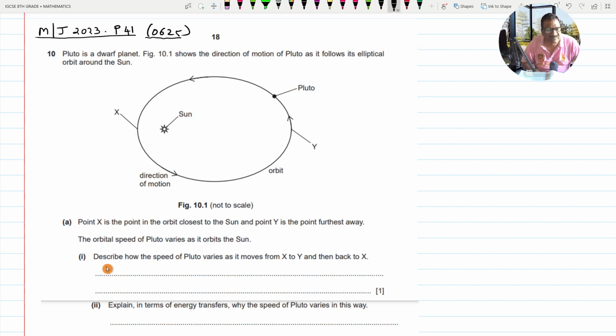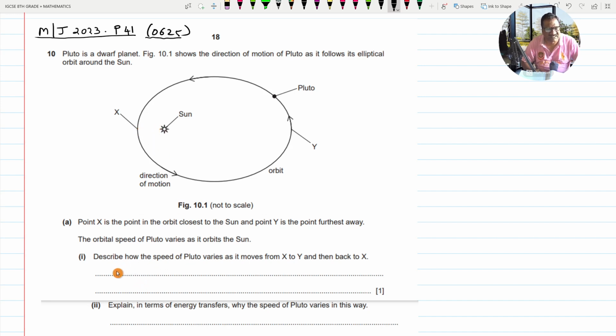A(i) describe how the speed of Pluto varies as it moves from X to Y and then back to X. Starting from X, at this point the distance between the sun and Pluto has to be less.